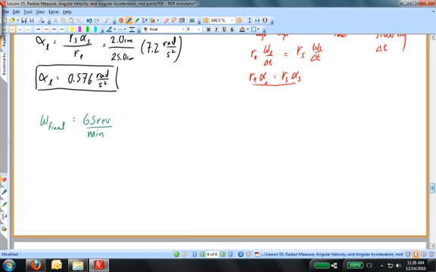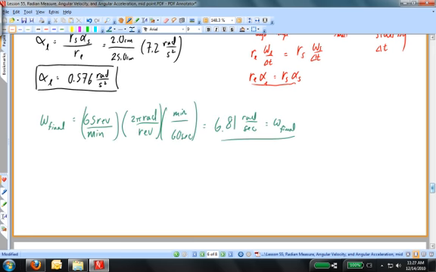Let me convert that revolutions per minute into radians per second so that we can use one of our radian equations of motion. I get that when I convert radians to revolutions and minutes to seconds, the final angular speed is 6.81 radians per second. So now my initial angular speed is 0 because I'm starting from rest.